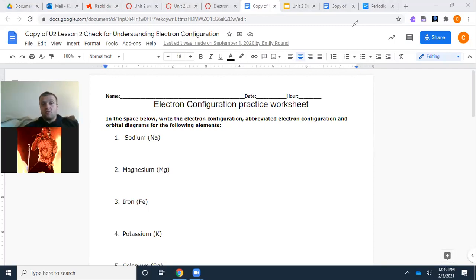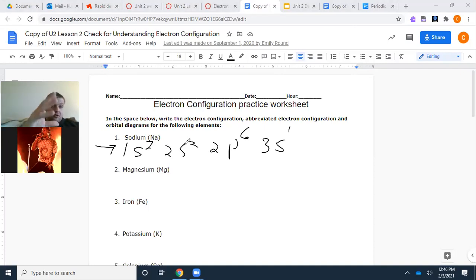But the example that I gave, sodium is 1s2, 2s2, 2p6, 3s1. Hopefully this is what you had for sodium yesterday. Now we learned that you can put neon in here, and then just go 3s1.